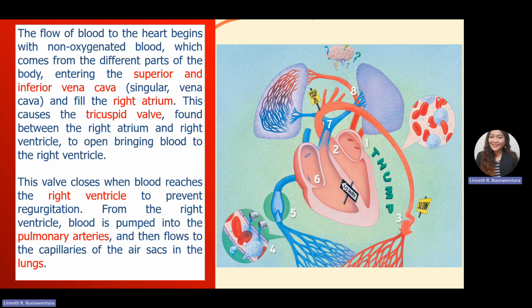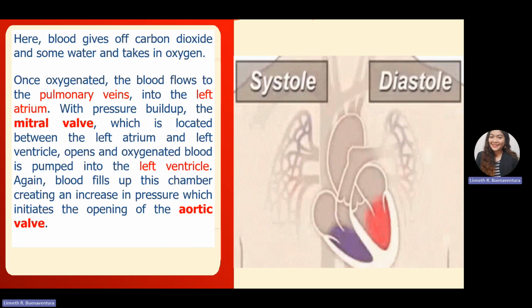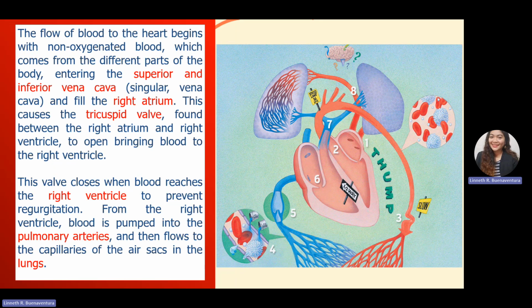So here in the lungs, the left and the right lungs will receive the blood and diffuse it with oxygen. So once the blood becomes rich in oxygen, the pulmonary veins will collect the blood and then transport it here to our left atrium.